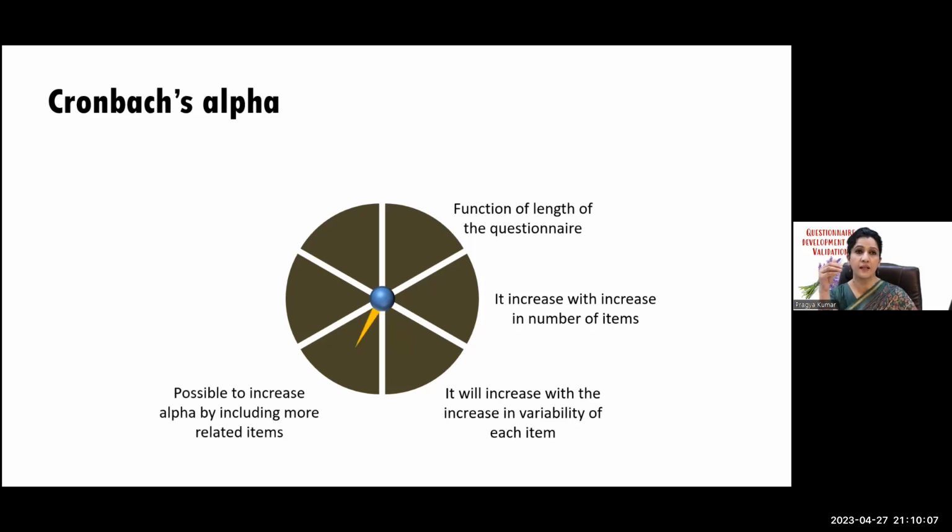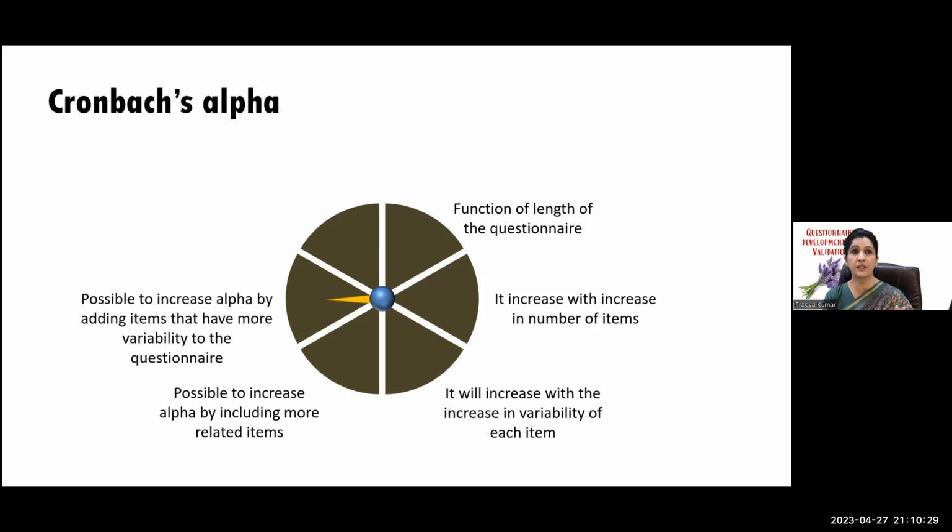And if you include more related items, then you increase it. Like if you have devised a tool where the number of questions is 20, and the reliability is coming low, if you increase the number of items to 30 or 40, which should be related, then your reliability will increase. So this is how we understand the concept of Cronbach alpha.